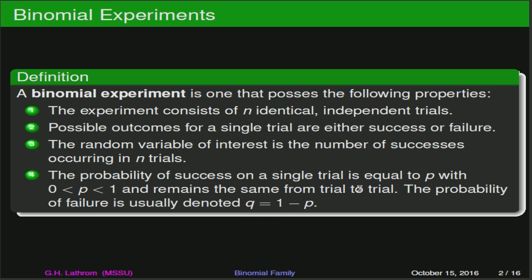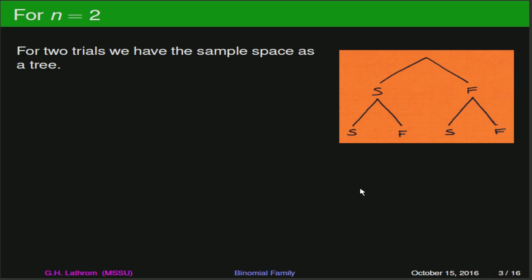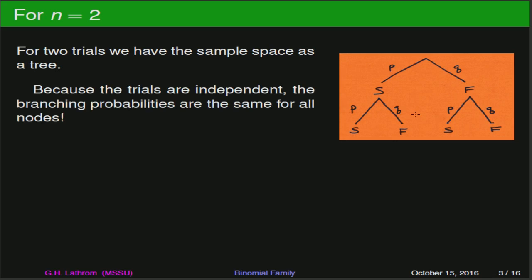So let's take a look at the case when n is equal to 2. So we have two particular trials. Well, we can represent the sample space as a tree, as we can see in the following picture. Now, because the trials are independent, the branching probabilities, so the probability that we apply to any particular node, are going to be the same for all nodes, because the probability of branching doesn't really depend on what particular value came before or where we are.